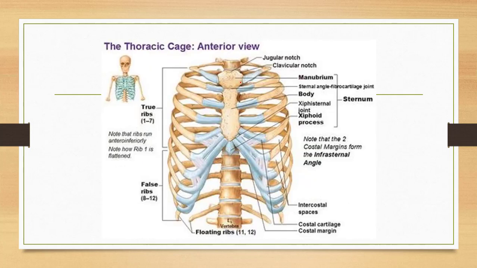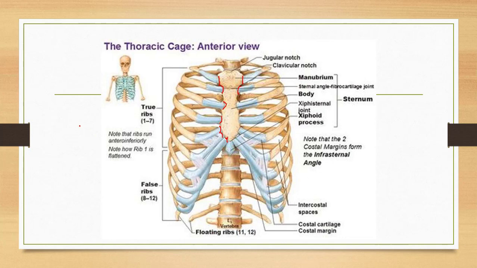So how the ribs are attached, let's see. Basically the first rib, let me show you in this diagram, is attached in the manubrium region of the sternum. The second rib is attached at the junction of the manubrium and the body of the sternum. The third rib is attached in the body, fourth in the body, fifth in the body, sixth in the body, and the seventh in the body.